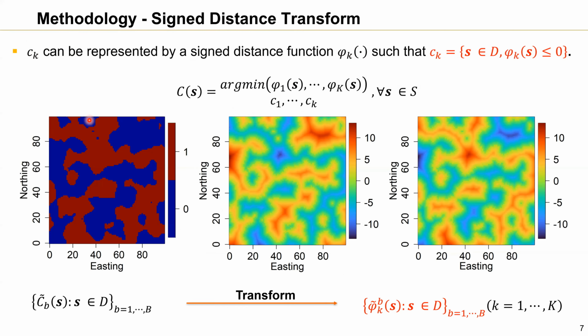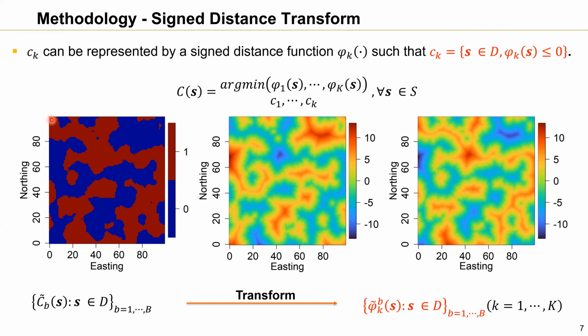Here, for example, we have a map with two categories, 1 and 0. Here you have the signed distance associated with the category 1, and here you have the signed distance associated to the category 0, which is just the opposite of this one. So the signed distance is what? It's just a distance to the closest point of the opposite category.